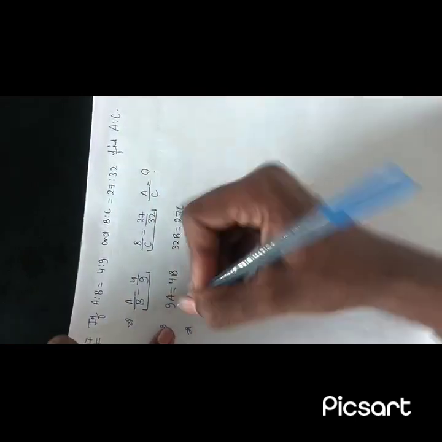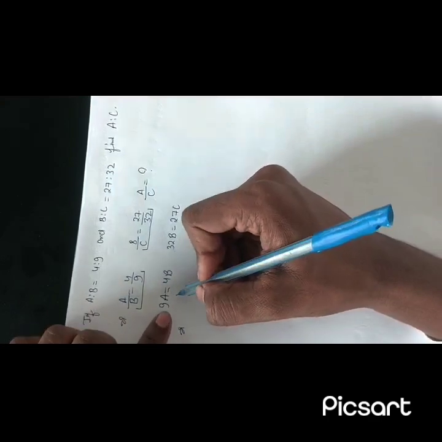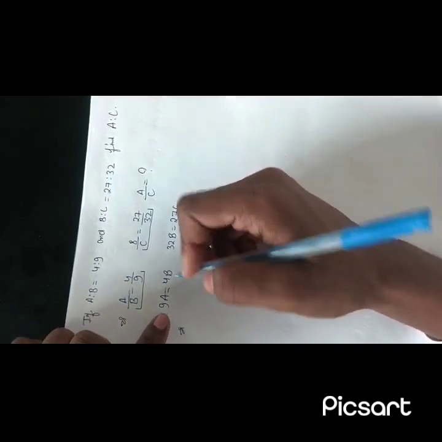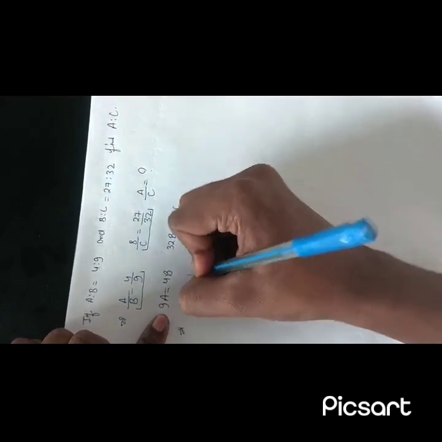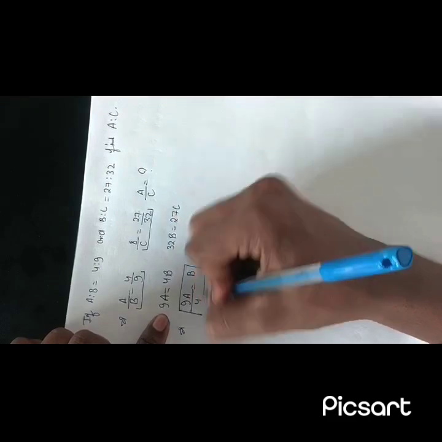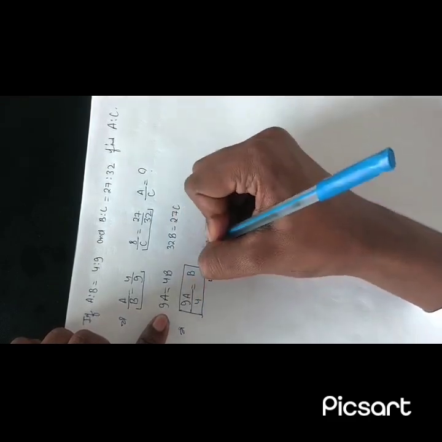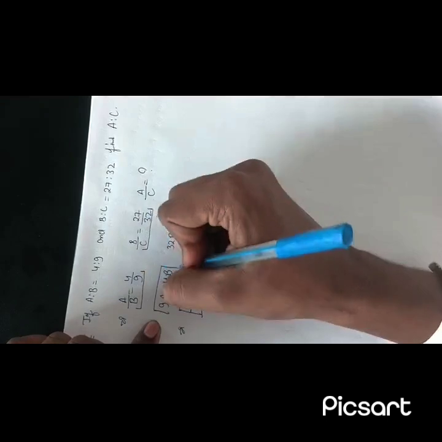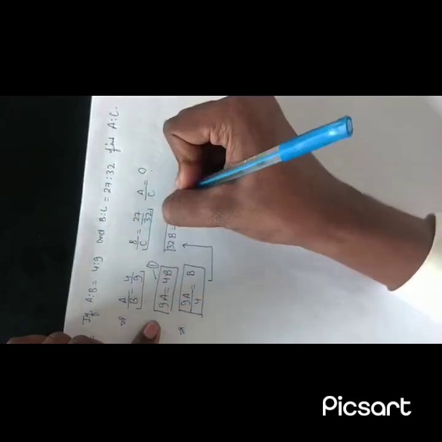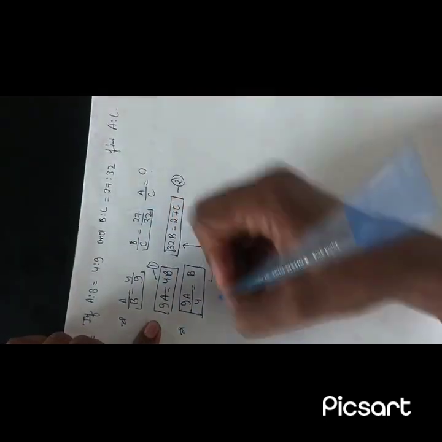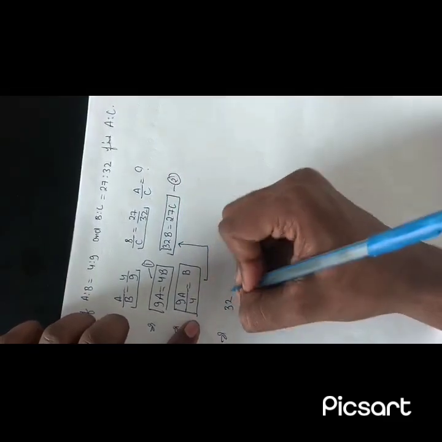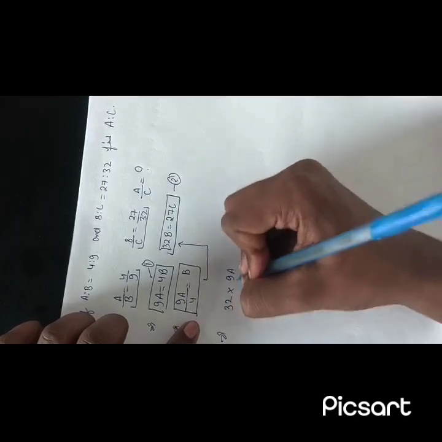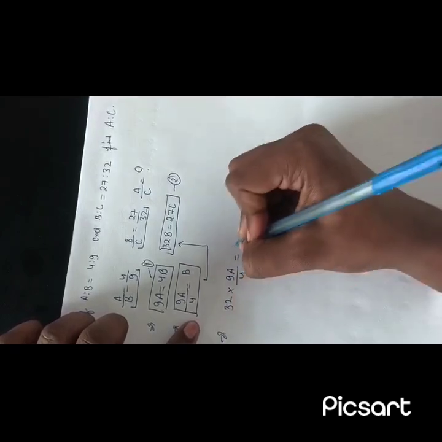Now if we take out the value of b from here, we will get 9a upon 4 is equal to the value of b. This is the first equation, and now we have to put it in the other equation. This was equation number 1 and this was equation number 2. Now we have to put this b value in it. So we will get 32 into 9a by 4 equals 27c.